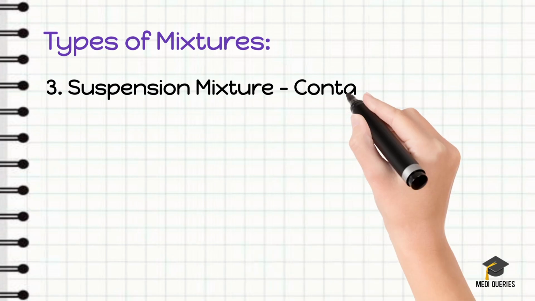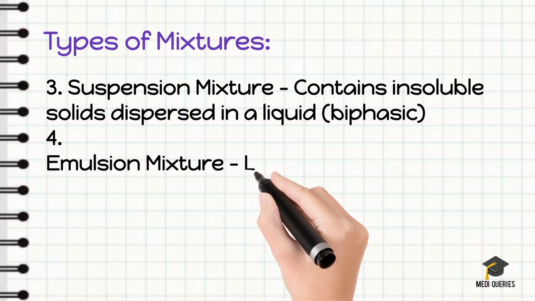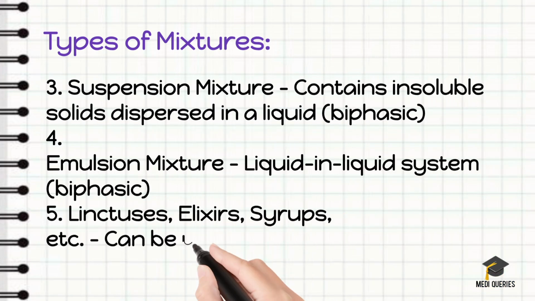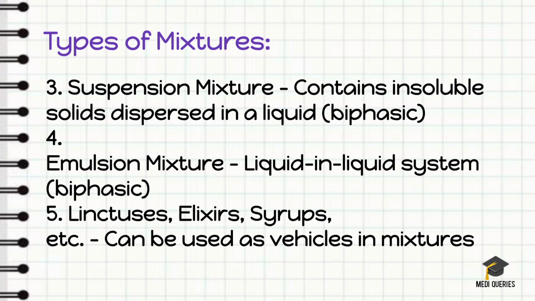They mainly contain insoluble solids dispersed in a liquid, like a biphasic system. The emulsion mixture is a liquid in liquid system, also biphasic. And the fifth one is linctus, elixirs and syrups, etc. They can be used as vehicles in mixtures.